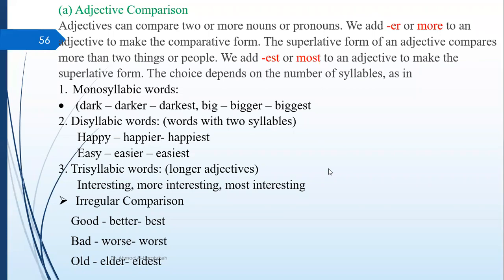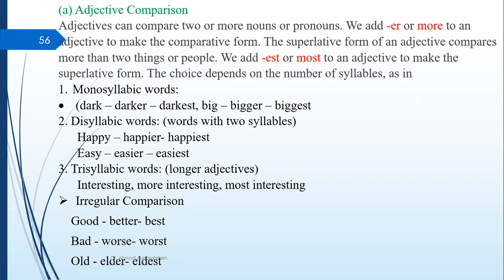If the adjective is simple, that means monosyllabic words, it consists of 1 syllable, we add ER in the comparative and EST in the superlative. Happy, happier. And if I'd like to make superlative adjectives, I will add EST: happiest, big, bigger, biggest, dark, darker, darkest.